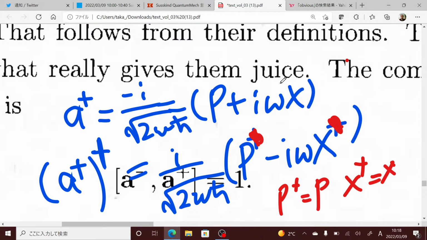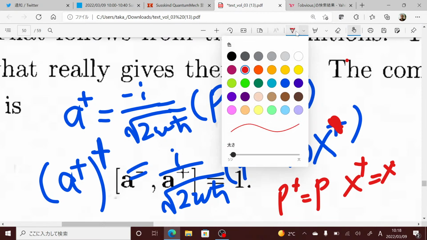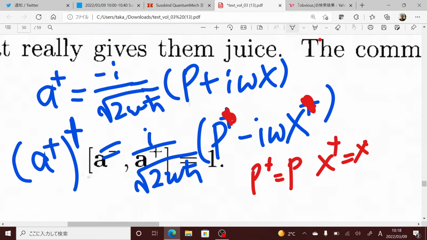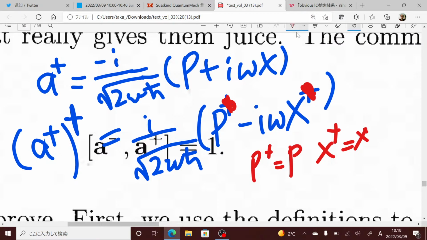This is called Hermitian. P and x are Hermitian.